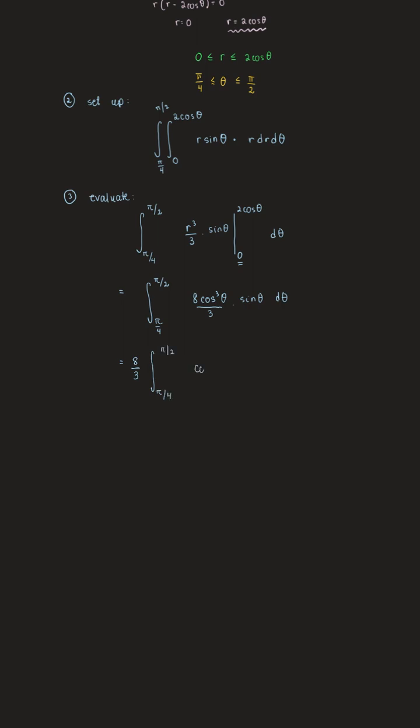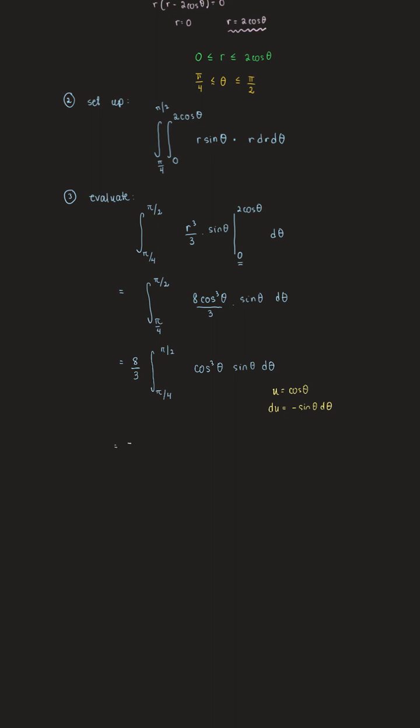It looks like this is probably a good candidate for a u substitution, because we have a composition where cosine is being cubed. So let's let u be cosine theta, and du will be negative sine theta d theta. That's going to introduce a negative sign.